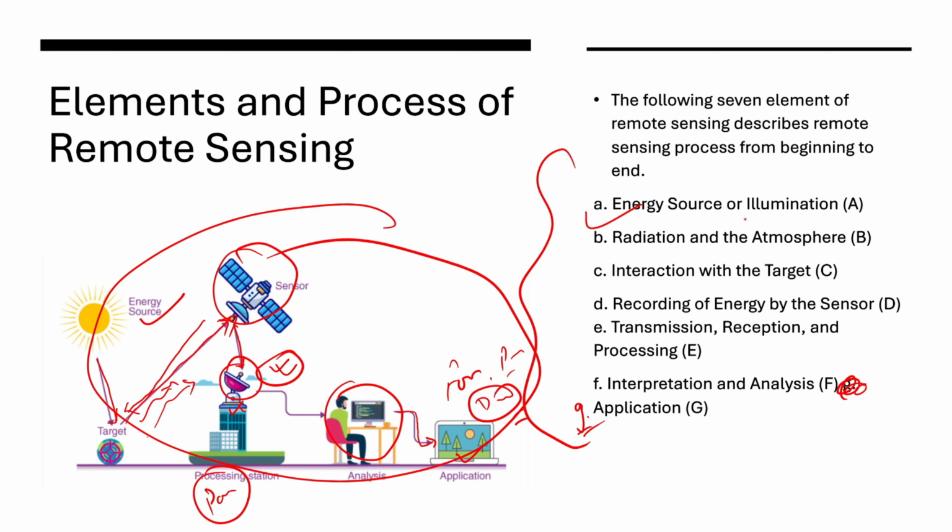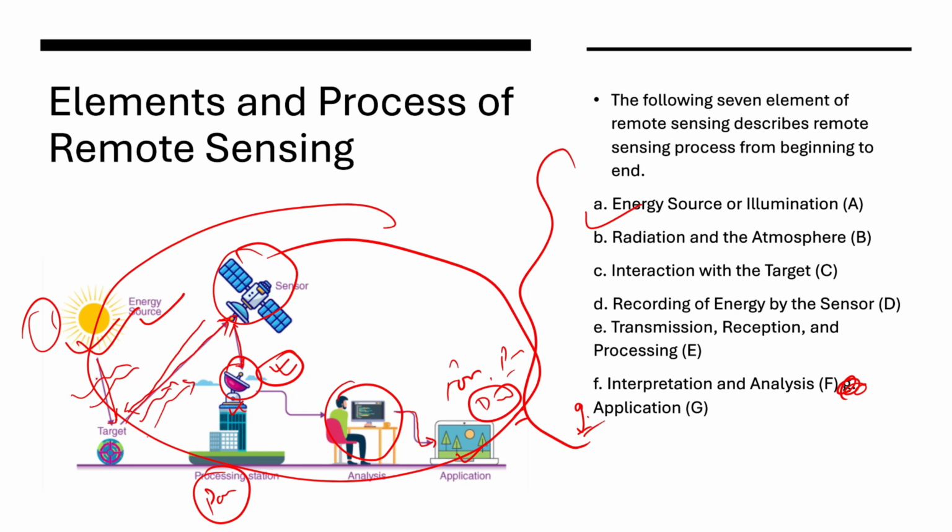That is the energy source of the illumination. Here is the sunlight, and the radiation and the atmosphere. At the first step we have the sunlight. In the second step, the sunlight interacts with the atmosphere, mostly the troposphere and the stratosphere, and mostly the ionosphere interferes with the signals.